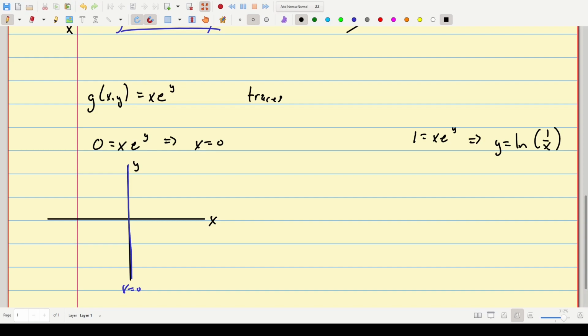Divide both sides by x, take the natural log of both sides, and y is by itself. Okay. Now, this is a little bit harder to see.